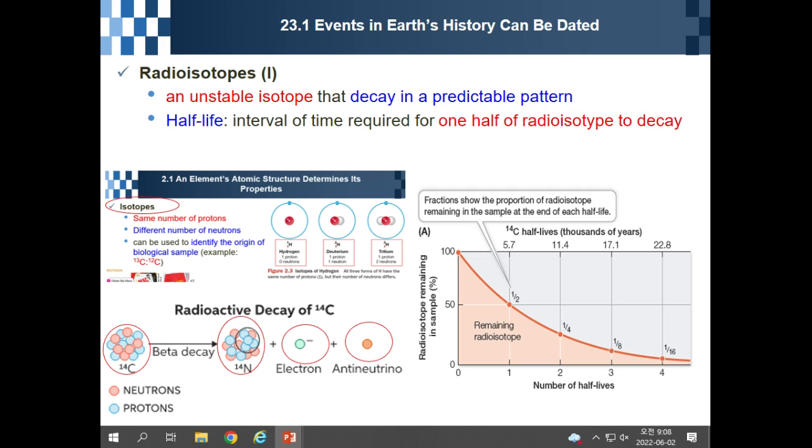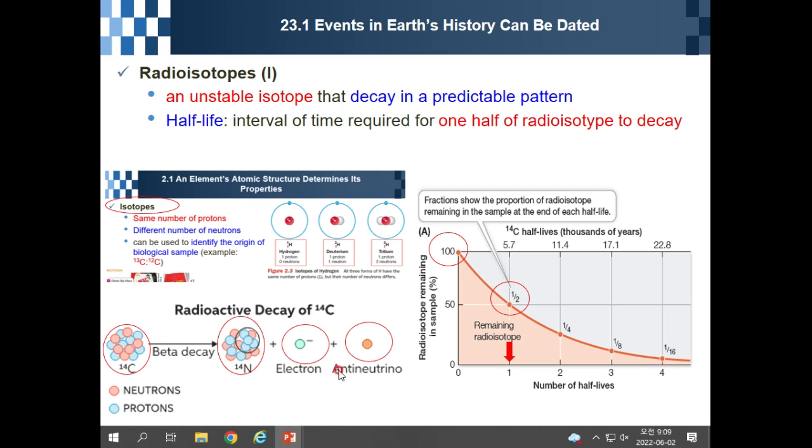And also we have to know an important terminology, half-life. Half-life is the interval of time required for one half of the radioisotope to decay. For example, initially it was 100. Now it will become 50, and this time we call the half-life.